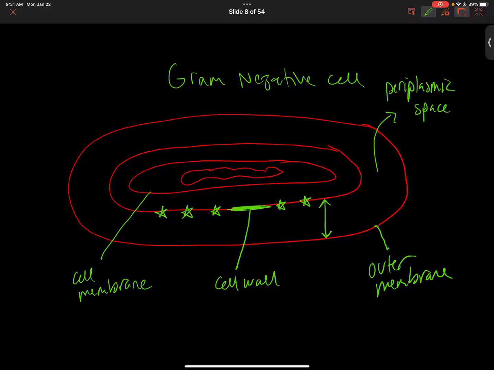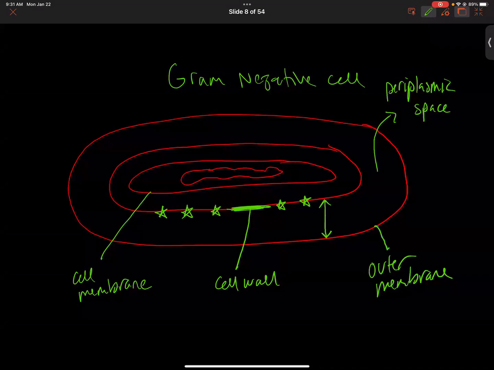Okay. So my question now becomes, if that's a gram-negative organism and you have this outer membrane, what's the outer membrane composed of? What's it made up of? Phospholipid bilayer. Do water-soluble substances diffuse through a phospholipid bilayer very easily? No, they don't. Lipophilic substances go right through, no problem.